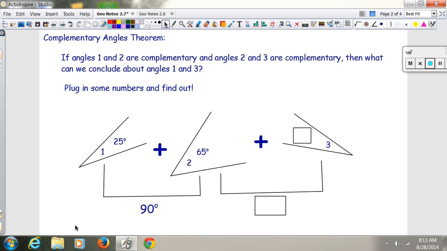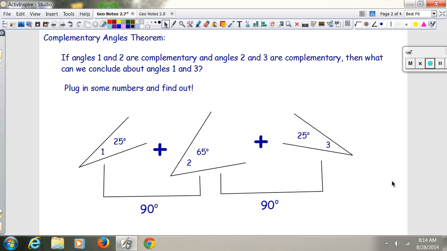What do we know about angles 2 and 3 in the problem? They're also complementary, so angle 2 and angle 3 have to also add up to 90. So if 2 is 65, then what does 3 have to be? Has to be 25, because these two have to add up to 90.